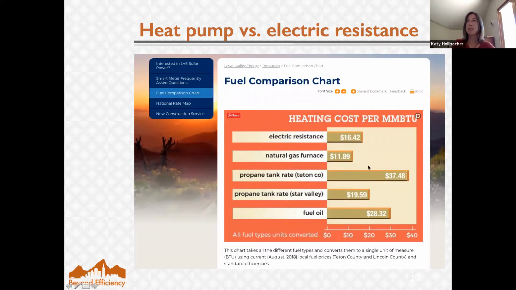So what is not shown on this chart that really should be on the chart? Yeah, it's heat pump technology.